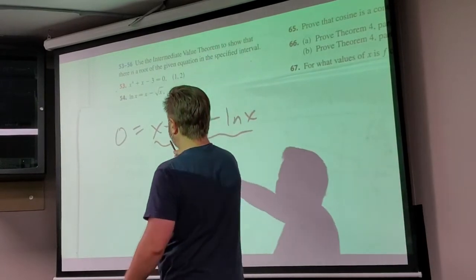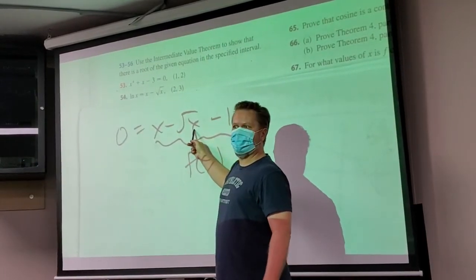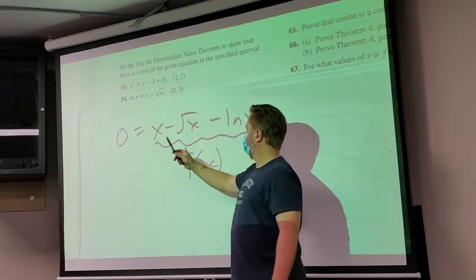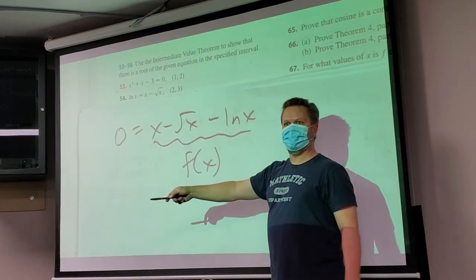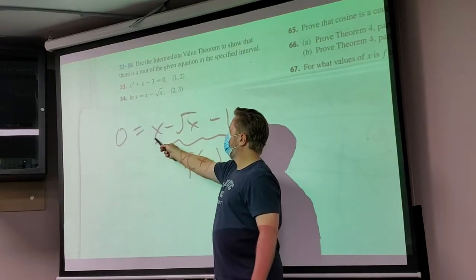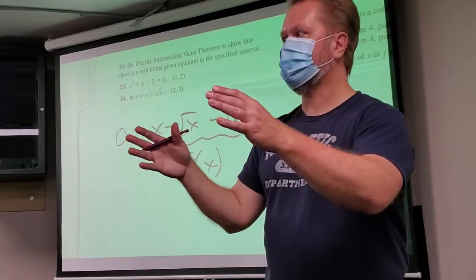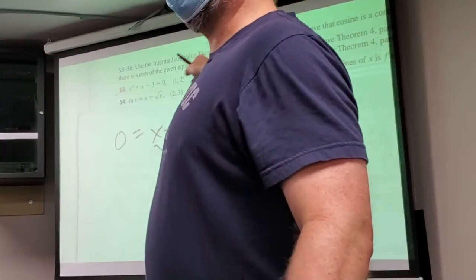Is this continuous? Yeah. This is only discontinuous for values below 0, and this is only discontinuous for values 0 or below. And what values am I using? So is this function that's composed of 3 separate functions continuous? Yes, because each piece is continuous on the interval we're looking at.